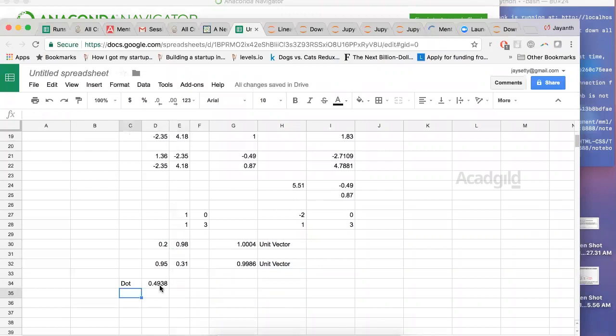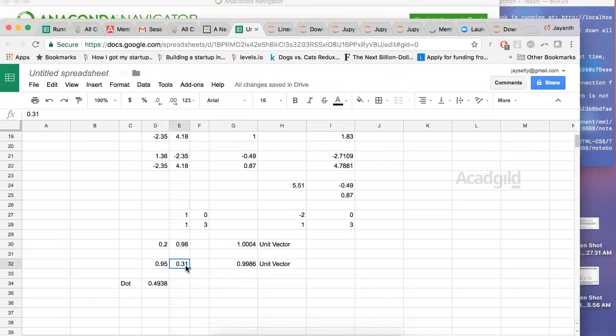Is this clear how I got this? I took 0.2, I took 0.95, and multiplied them. Similarly, I took 0.98, I took 0.31, and multiplied them. Both of those two I added. Same concept even if it's a 100-dimension vector. So same fundamentals even if it is 1 million.